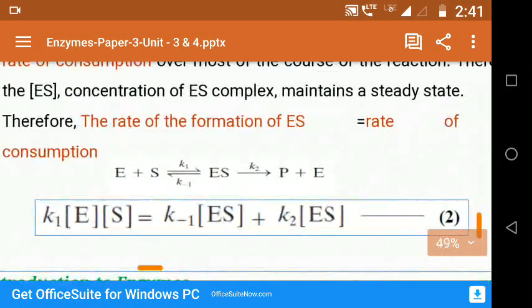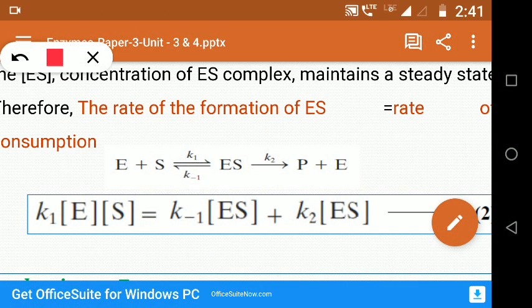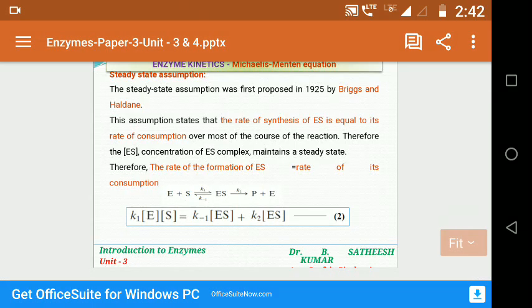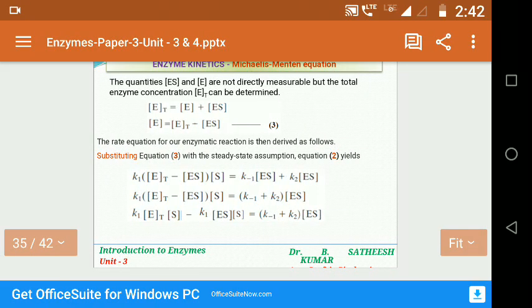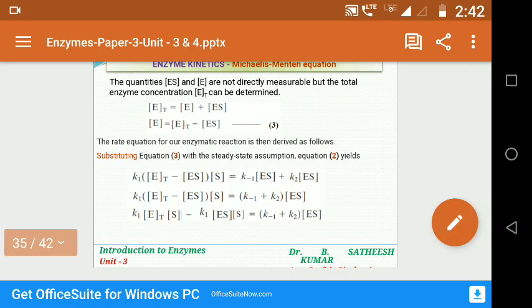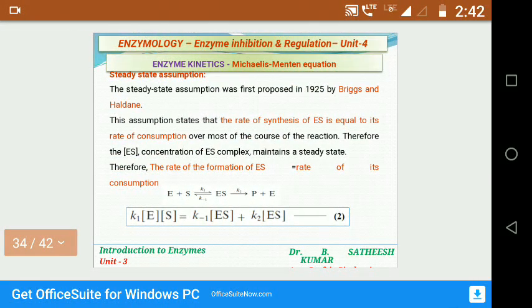In this equation, if we clearly observe, ES is common on the right hand side, so we can take it as common.